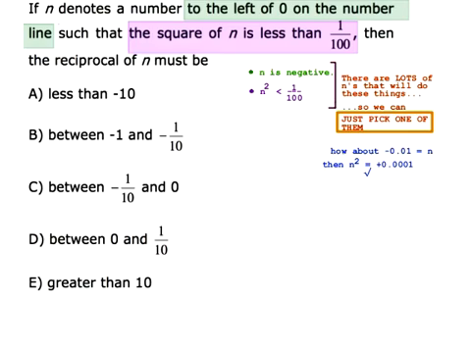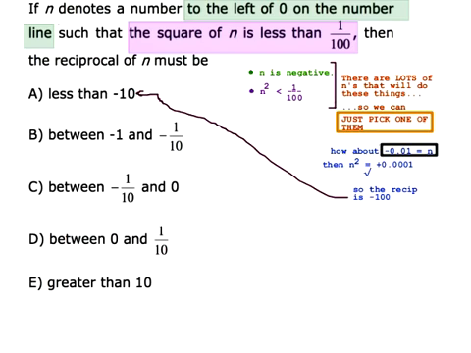So then we can just use this value. The reciprocal of n in that case is negative 100. So the reciprocal is way less than negative 10. There you go. That does it.